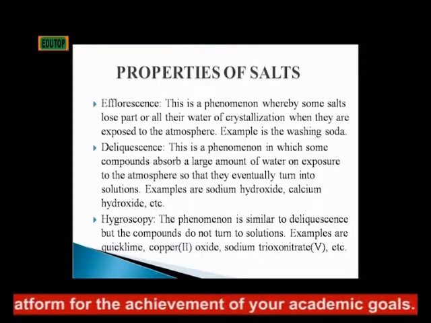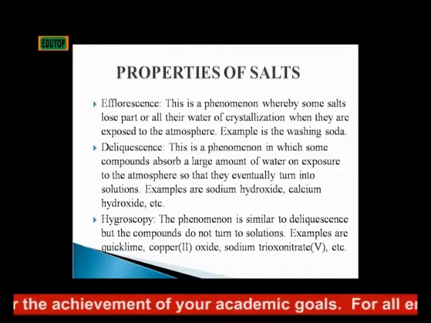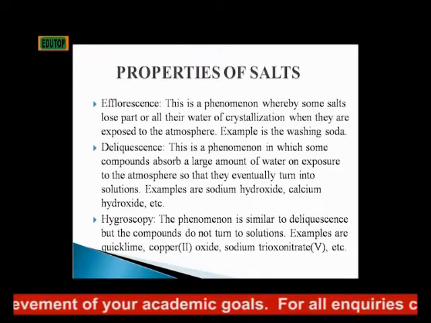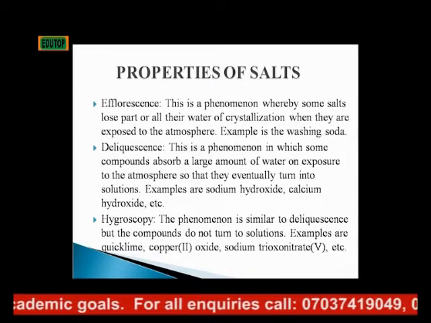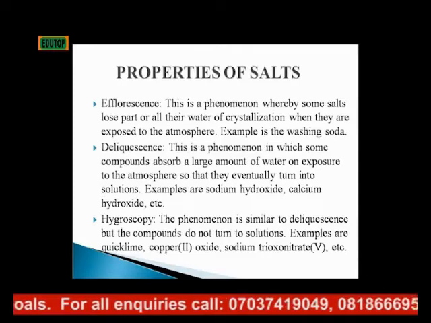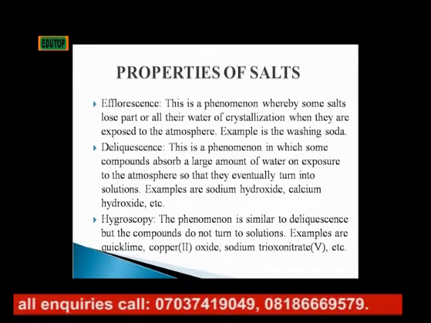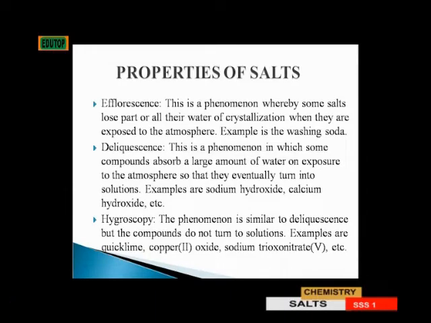Deliquescence. What is deliquescence? This is a phenomenon in which some compounds absorb a large amount of water on exposure to the atmosphere so that they eventually turn into solution.